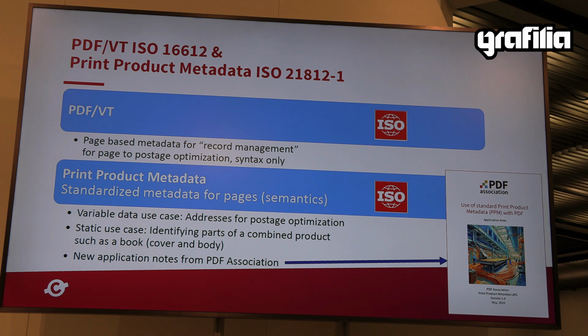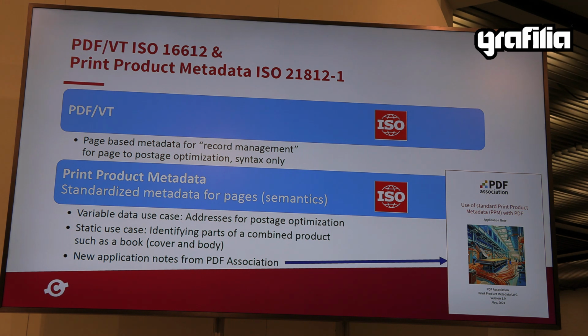And then you could just separate the pages for a given zip code, and print that together. And that is possible using metadata that is specified in PDF-VT. Unfortunately, PDF-VT only tells you in what way you can add the metadata to the pages, but it doesn't tell you what the field name is for a zip code, for instance.